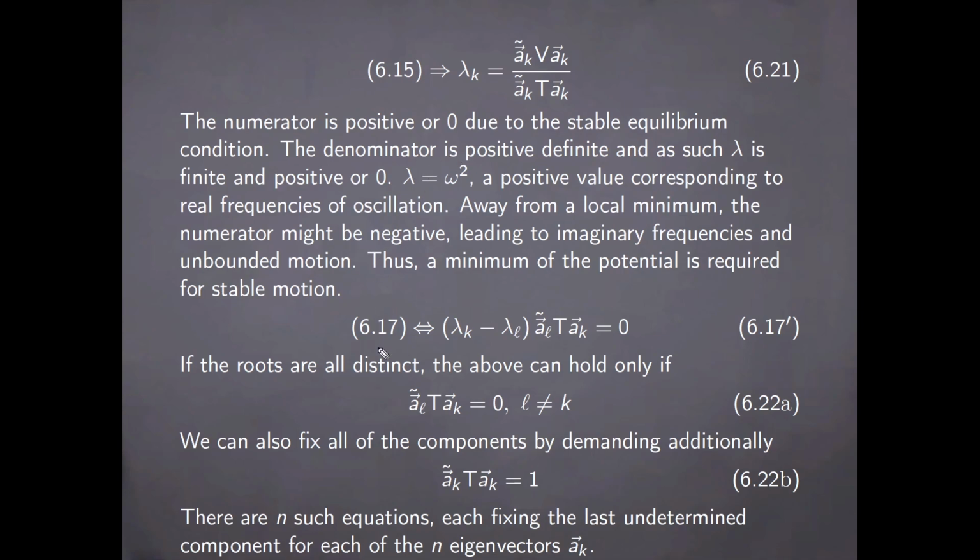Now, 617, taking into account the reality of the involved eigenvalues, can be written in this form.